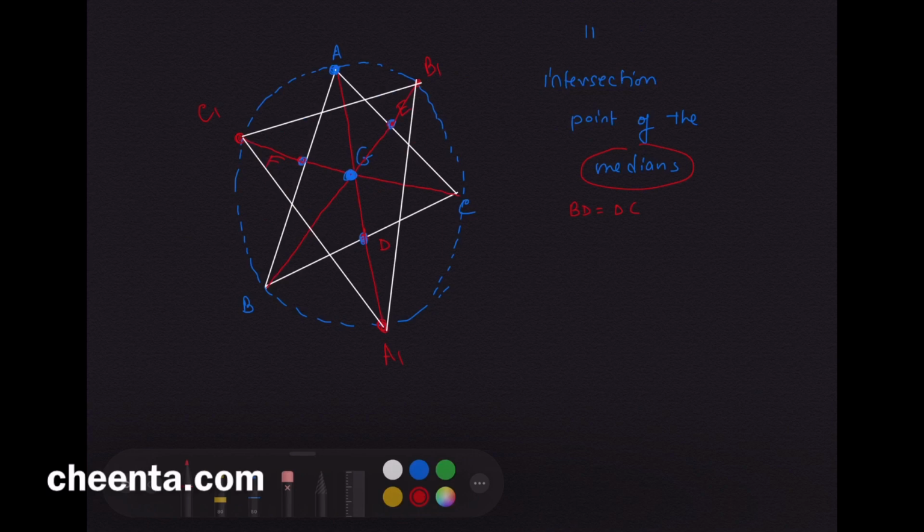There is some additional information given to us. It's given that this angle here is equal to this one. So the green angle is equal to the green one. The red angle is equal to the red one. And let's use a different color. Let's say the blue angle is equal to the blue angle.